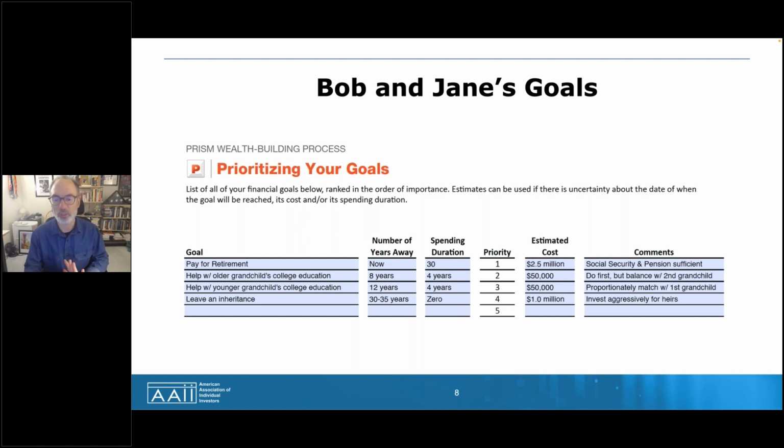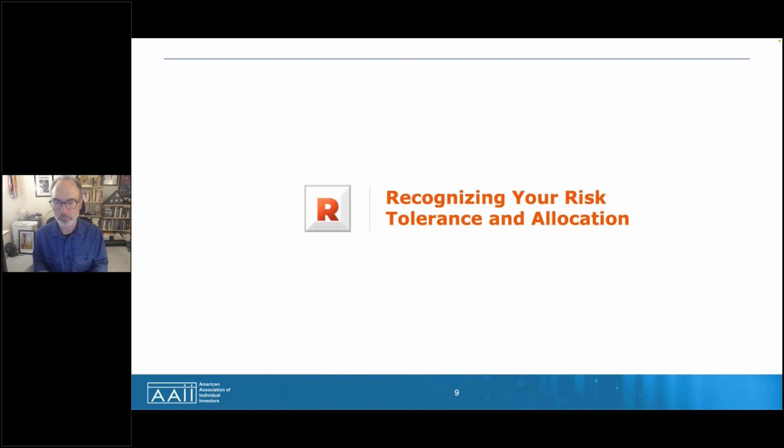And so we're going to assume that their 2 primary goals after retirement are going to help pay for the kids' college expenses. And then hopefully as a tertiary goal, they're going to hope that there's money left over that they can leave an inheritance for their kids and for their grandchildren. So given that they feel like they have retirement covered, let's talk about their college expenses and how they're going to help out their grandchildren.